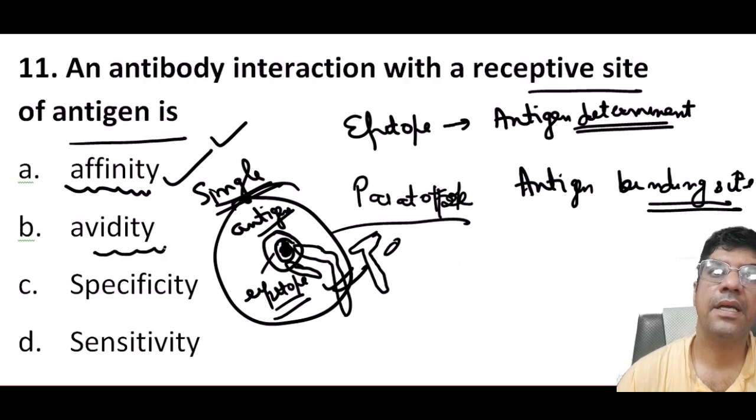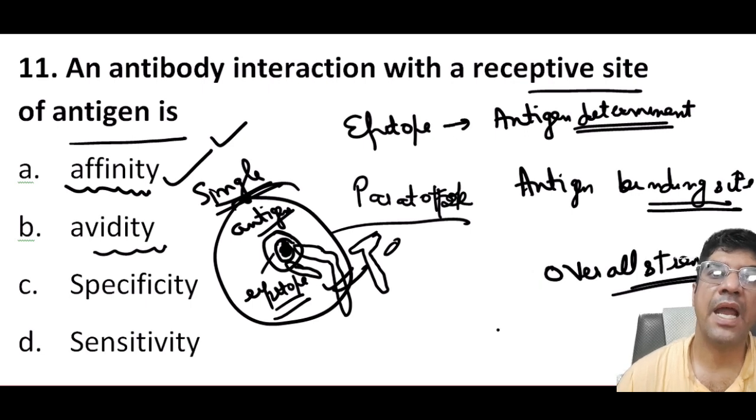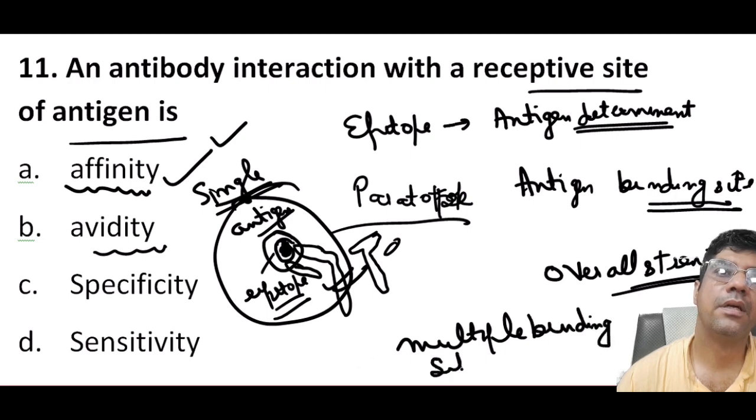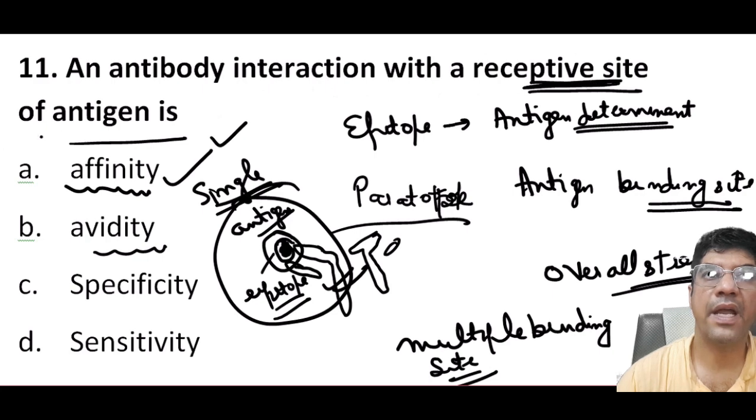Whereas avidity is the measurement of the overall strength of binding between antigen and antibody, taking into account the multiple binding sites and the multivalency. So the antibody interaction with the receptive site of antigen is known as affinity.